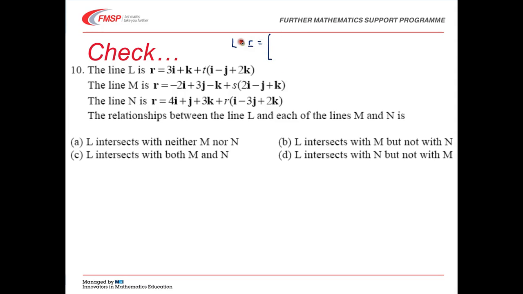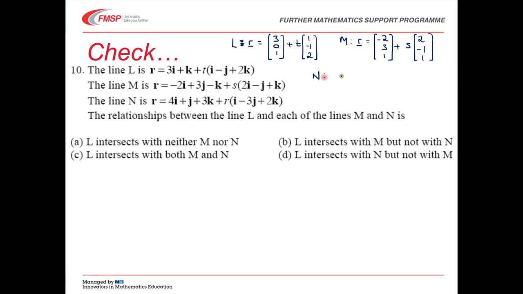So equation L, sorry that's a colon, not an equal sign. Equation L: r equals (3, 0, 1) plus t(1, -1, 2). And equation M: r is equal to (-2, 3, 1) plus s(2, -1, 1).